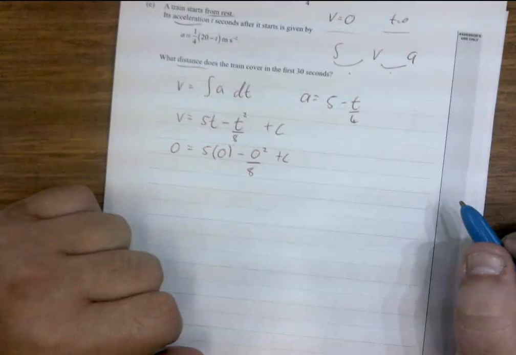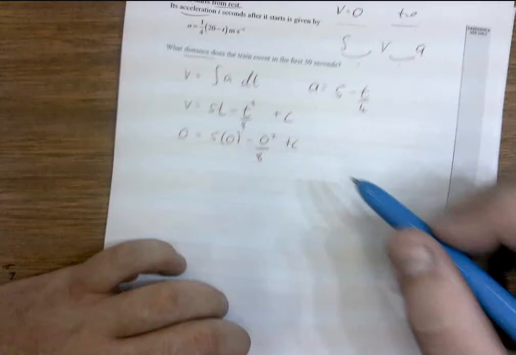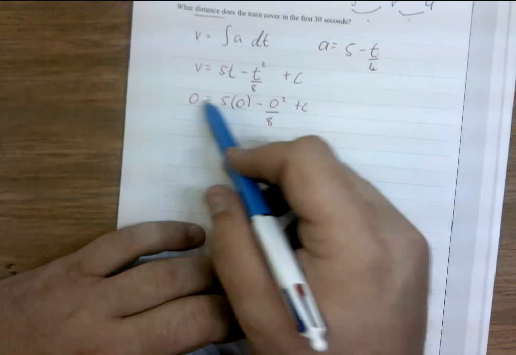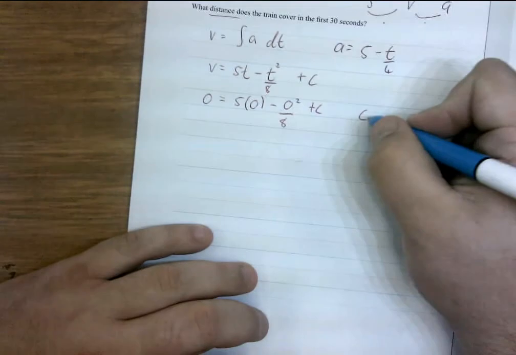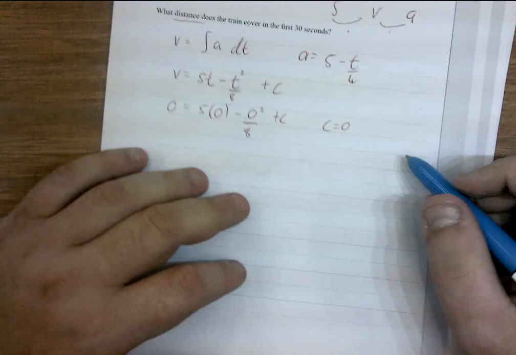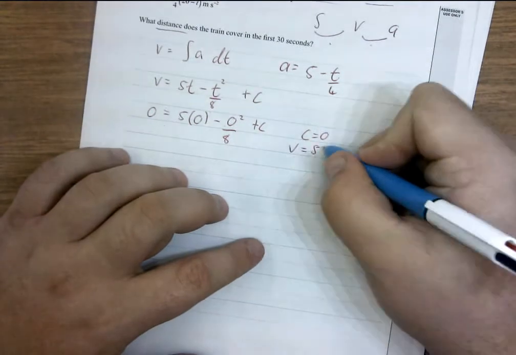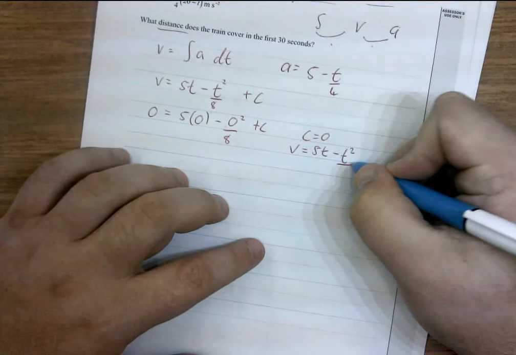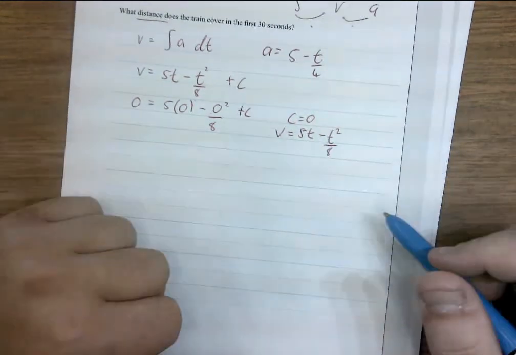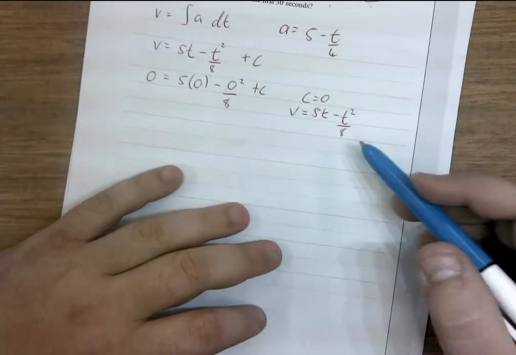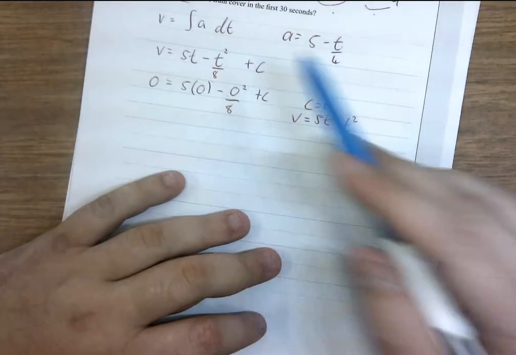This will help us solve to find what our constant c is. Everything else here is 0, so c is equal to 0. So we can write our equation for velocity as v equals 5t minus t squared over 8, and our constant is 0. Now we had to do that because we couldn't integrate until we knew what c was.